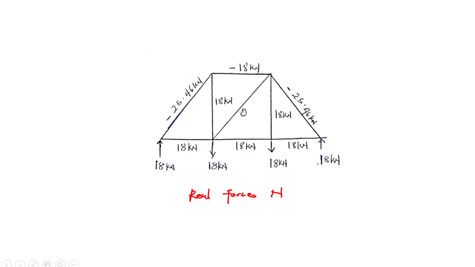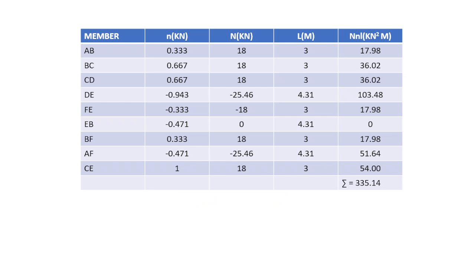So now we take these real forces and apply them to the virtual work equation. The virtual work equation says that this one is the virtual load applied, and it is in the unit of the forces.